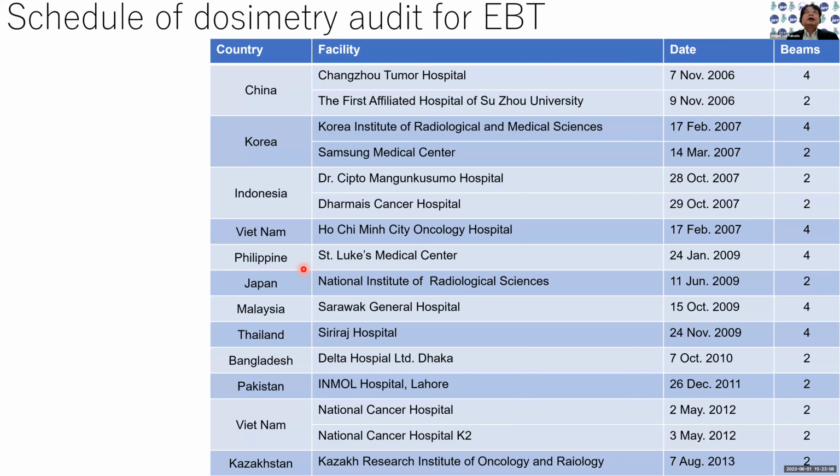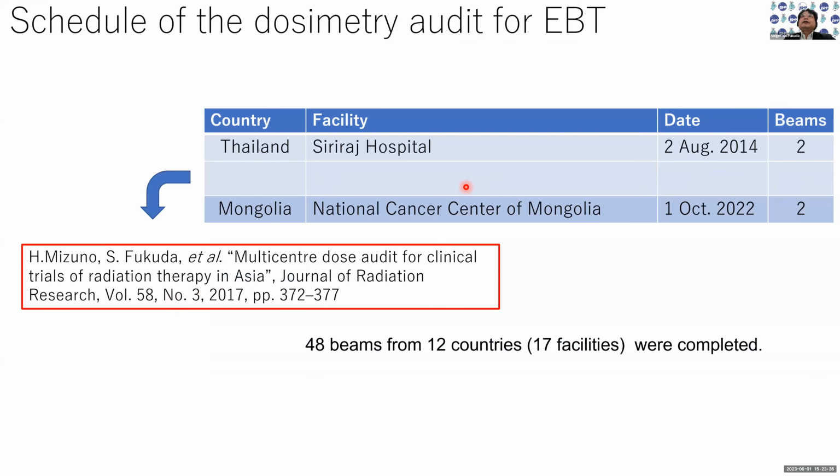This is the schedule of the EGRT audit since 2006, from China, Korea, Indonesia, Vietnam, Philippines, Japan, Malaysia, Thailand, Bangladesh, and Pakistan. Until 2014, we performed 46 beams from 11 countries, and we published the result of the audit in this paper.